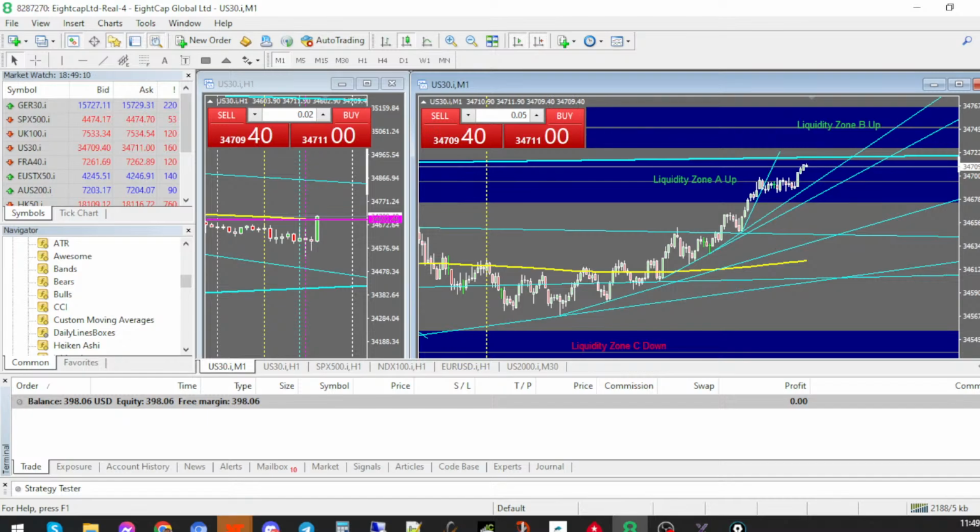Still very bullish on the 1 hour time frame. We got like 10 minutes left on that 1 hour bar.